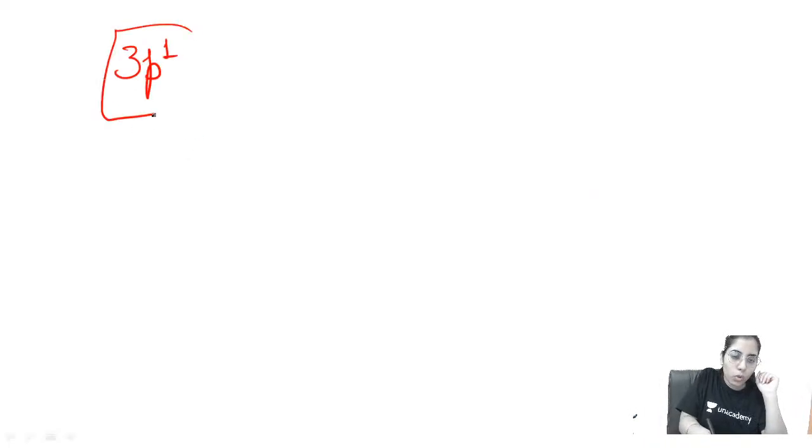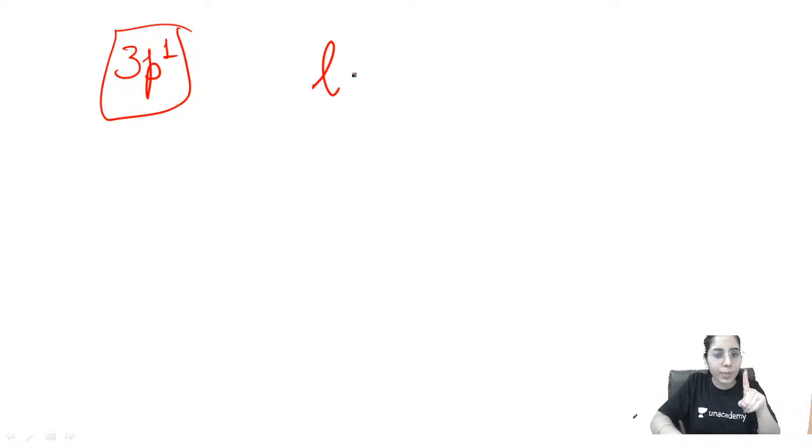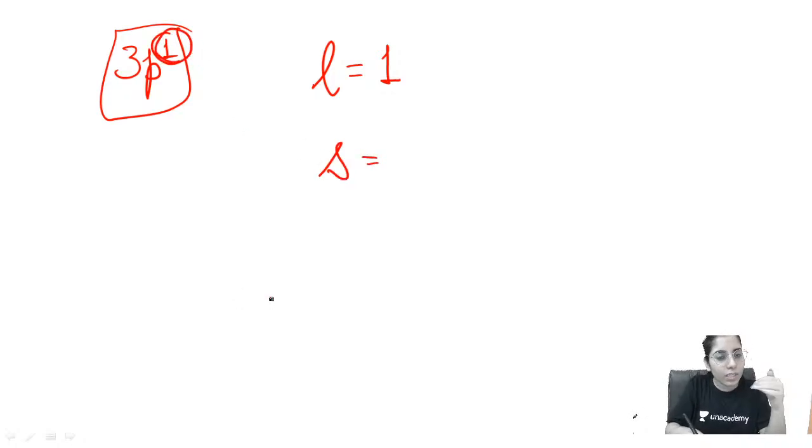Kirti has asked one question: for 3p1, how will we write the spectroscopic term? Now the point is, what is the value of L, guys? For the p case, L will be 1. What will be the spin? For one equivalent electron, even if it is d1, p1, s1 or any one, you follow this process.